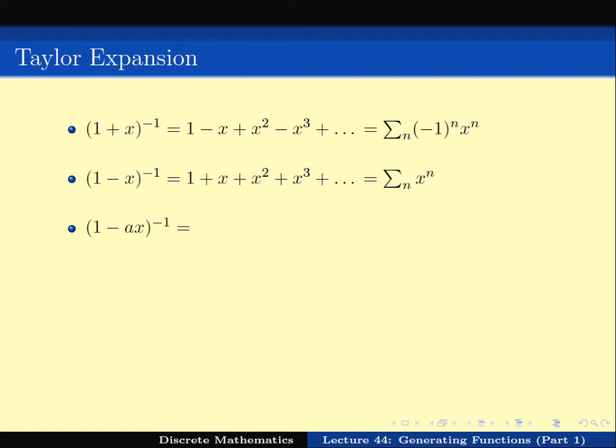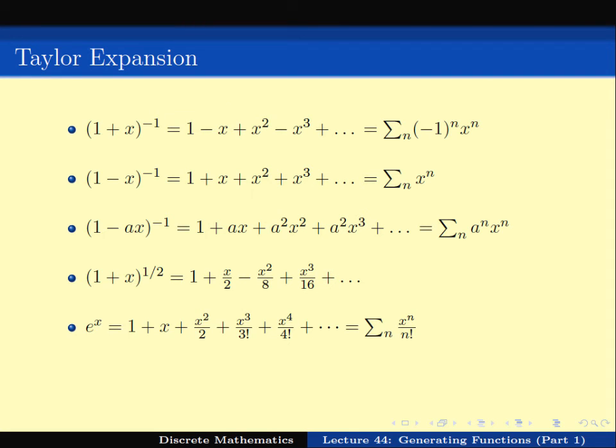From this we can also get something like this form, 1 over 1 minus ax as 1 plus ax plus a square x square plus a cube x cube, plus so on. We can also have something for like (1 plus x) power half.